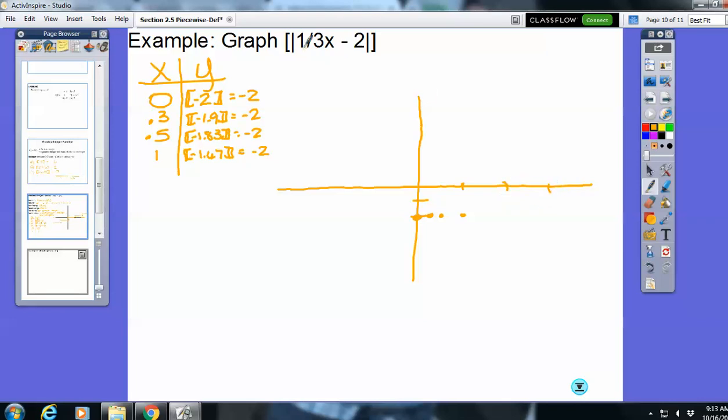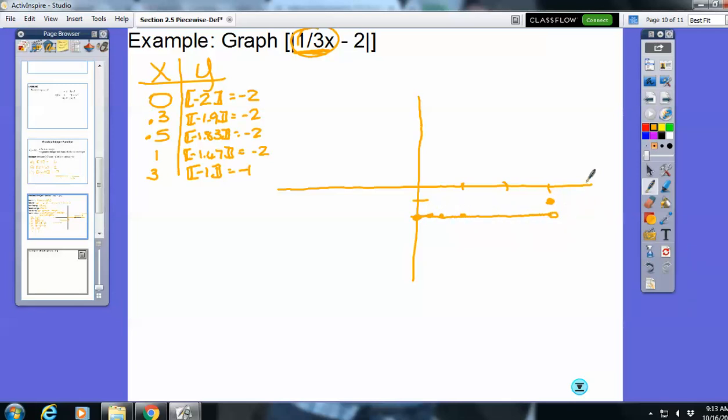Why 3? If you want to get an integer out, 1/3 times what would give you an integer? 1/3 times 3. If we plug in 3, 1/3 times 3 is 1, minus 2 is negative 1. Greatest integer of negative 1 is negative 1. So (3, -1) is my jumping spot.